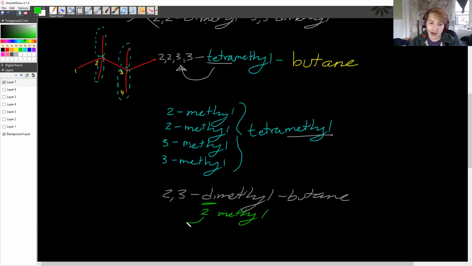And even though I'm writing 2 locants here, how many methyl groups do we have in total? We have 4. Does that make sense? Cool. Very good question. So remember that the multiplier is on the di and it describes how many groups in total we have, and that we have to smash them all together and add them to a total.